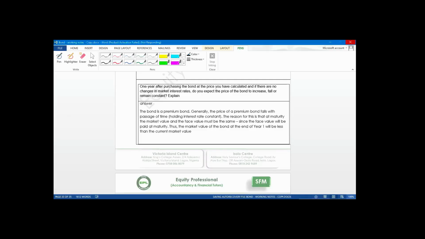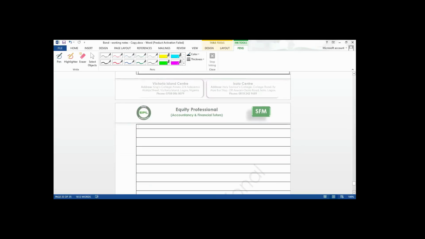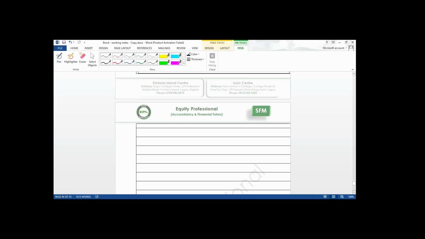Modified duration is equal to duration divided by 1 plus the YTM.